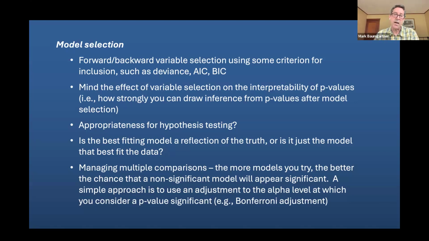But the more models you try, the better chance that a non-significant model will appear as significant. You need to be aware of that and figure out a way to deal with it. One way, again, Hansen will talk more about this, is to consider something as simple as a Bonferroni adjustment, which is just an adjustment to the alpha level at which you consider a p-value significant.